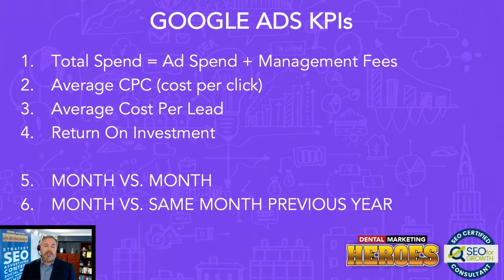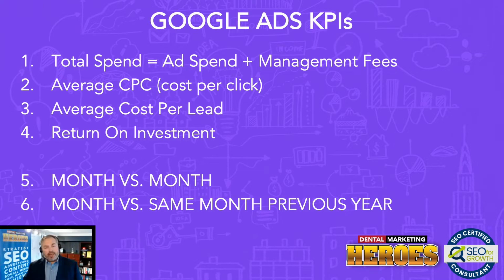And you want to directly connect the cost per lead so that you can know if you're improving or falling on those. And of course, you want to know your return on investment. And you'll want to ensure that your Google Ads manager provides month over month reporting. And even more importantly, this is something we do for all our clients, we do month over the same month from the previous year reporting.